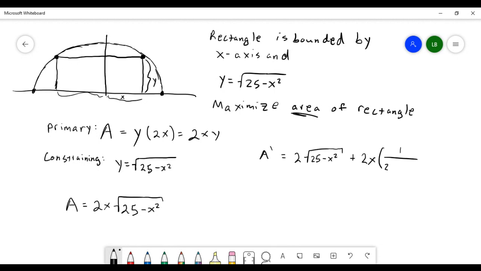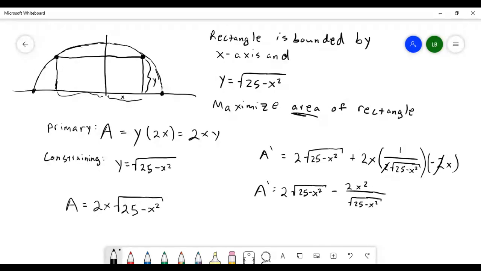It's 1 divided by 2 times the square root of 25 minus x squared, because of the power rule, times the derivative of 25 minus x squared, which is negative 2x. And if we simplify that, we get 2 times the square root of 25 minus x squared. This 2 can cancel with either of these two, so minus 2x squared divided by the square root of 25 minus x squared. So that is our first derivative.